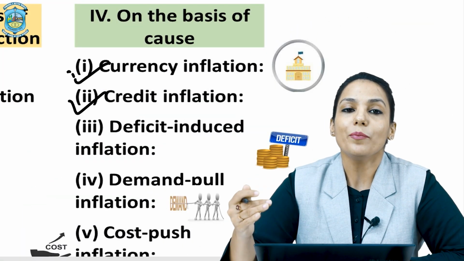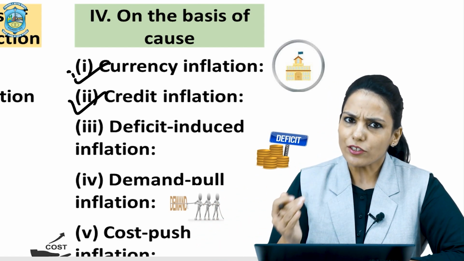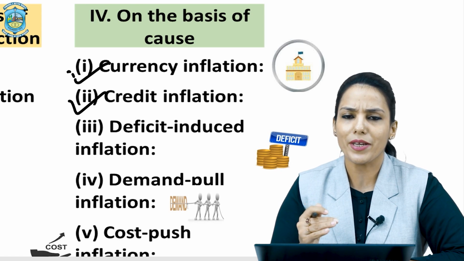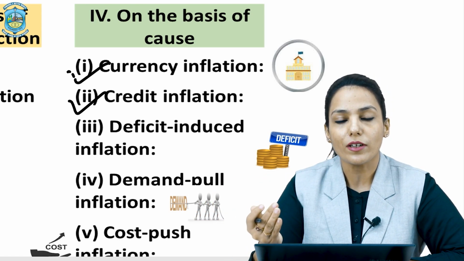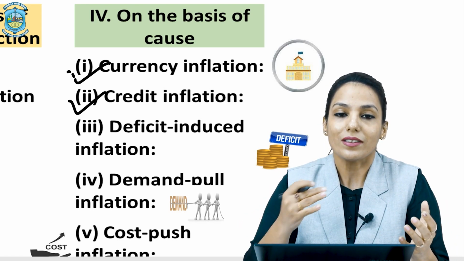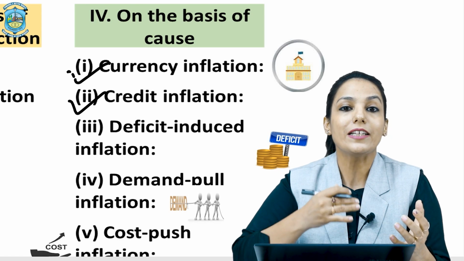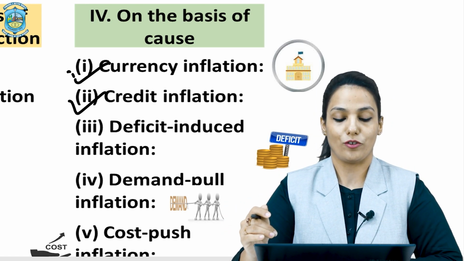Secondly, it can be due to credit expansion. When financial institutions and commercial banks make additional loans to the public in order to increase their profit, the amount of money in circulation increases. This causes an increase in the prices. This is referred to as credit inflation.